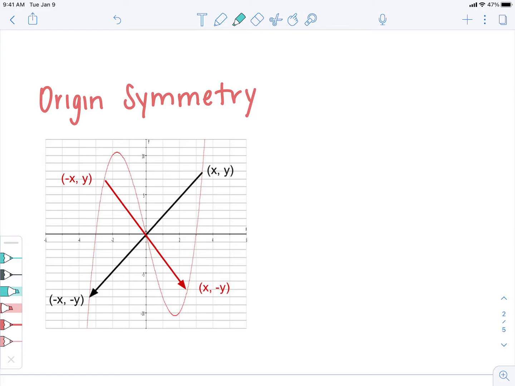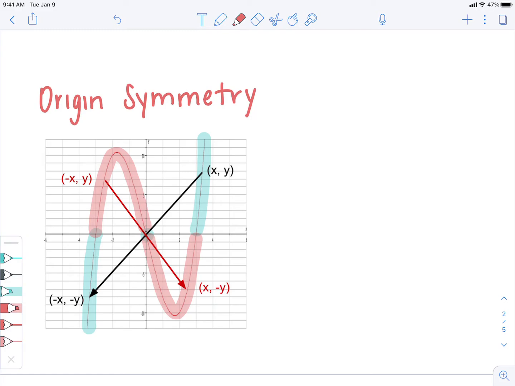So I take anything in quadrant 1 and flip it so that it also is in quadrant 3, and it flips over the origin. And then anything in quadrant 2 reflects over the origin into quadrant 4. Or basically, whatever point I have, so if I have (x, y), I also have to have (-x, -y).